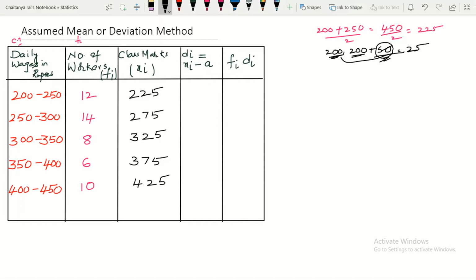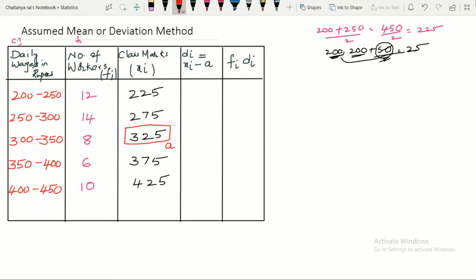Usually we go for the middlemost one. So here the value 325 is the middle one, so I assume this 325 as the assumed mean. In the next process, we subtract this assumed mean from each xi.